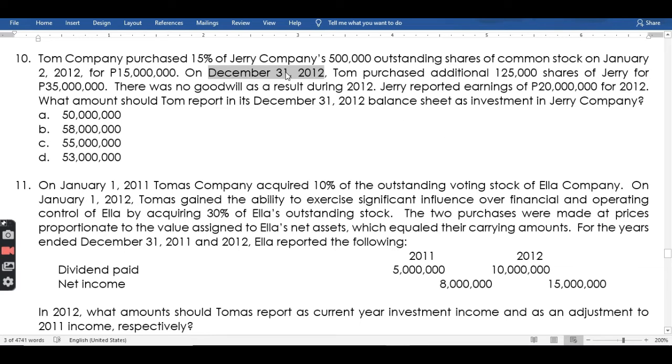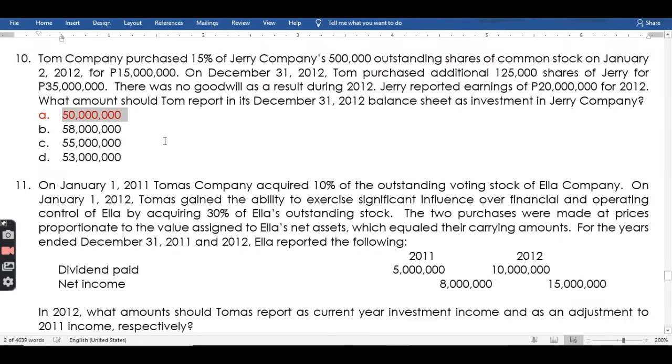December 31 din lang. Eh ang tanong, December 31 nag-report ng income na 20 million, pero for the entire year yan. So ibig sabihin, kung December 31 lang naging associate, wala tayong right over the income. So in other words, ang laman lang dapat ng ating investment will be yung 15 million plus yung 35 million dito. So 15 plus 35 is equal to 50 million. So ito lang sagot natin.